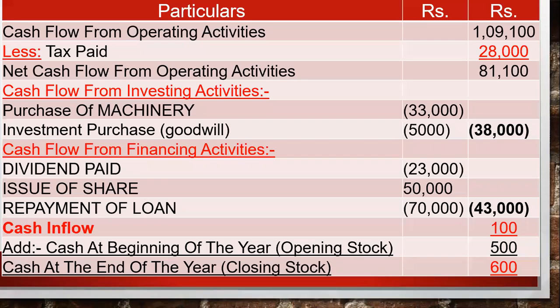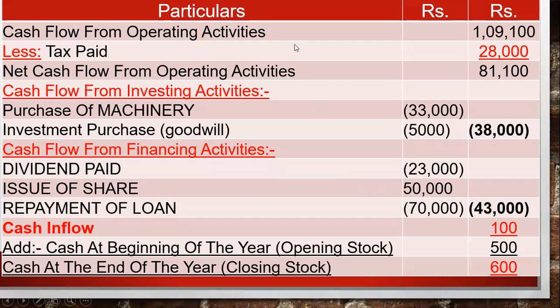Everything else will remain the same, but you have to change this over here. Investment purchase, that is goodwill 5,000 rupees. That's it. Only one effect we have to give extra. Yesterday we had taken it as an expense. We had assumed that we have to write it off, but until and unless they have said that goodwill has to be written off, we will not write it off. Otherwise that would also have been right.